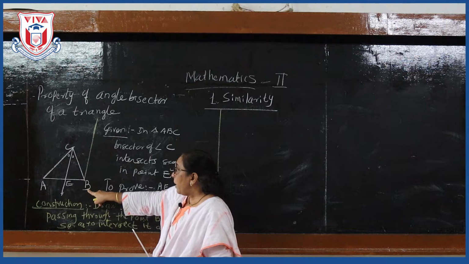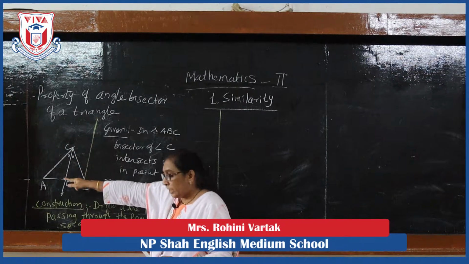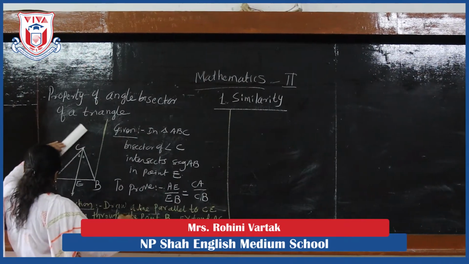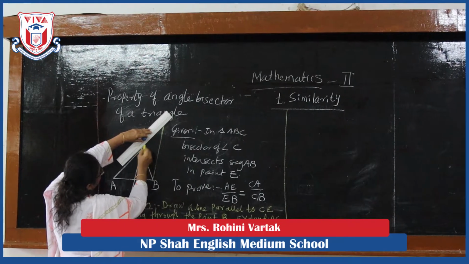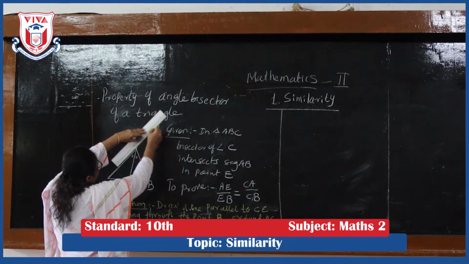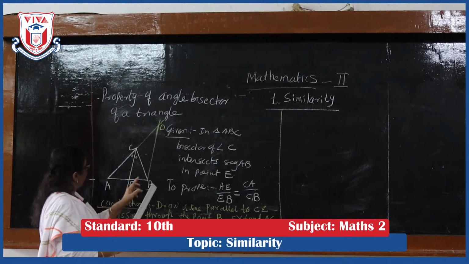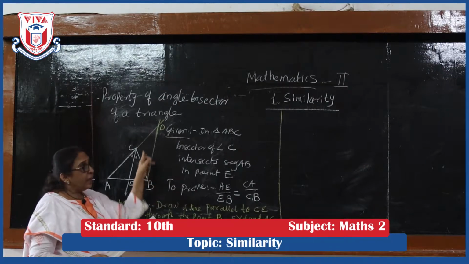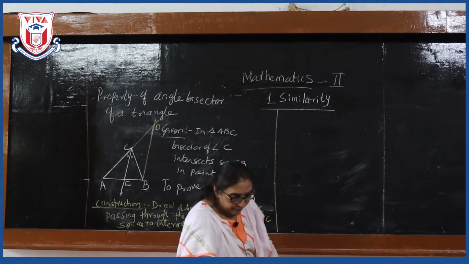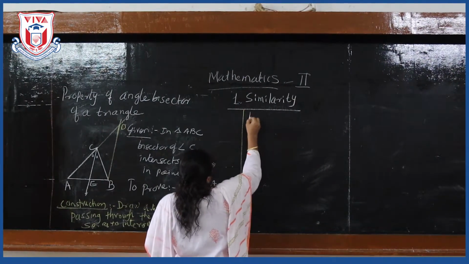This line is parallel to CE passing through point B. Now extend this AC so that it will meet this parallel line at point D. Now we'll write the proof.